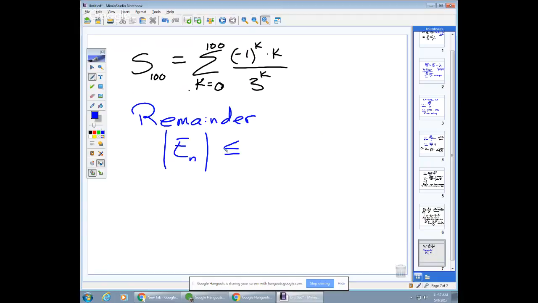So for us, that's going to be k plus 1 over 3 to the k plus 1. And it's the non-alternating part we're looking at when we get the error. The alternating just tells us to jump up or jump down. And so for us, we want the 100th error. So the 100th error is going to have to be less than 101 over 3 to the 101, which I'm not sure if my calculator can compute, but we'll try.